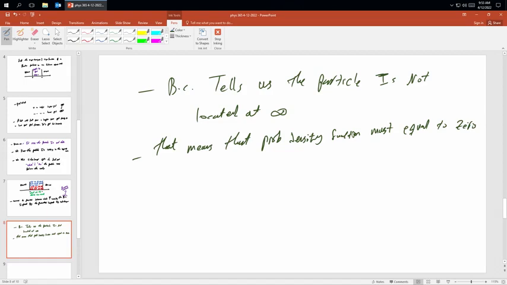So the boundary condition of the particle is not there, located at infinity, right? That means the probability density function must equal to 0. If the particle is not there, the probability of finding it will be 0.